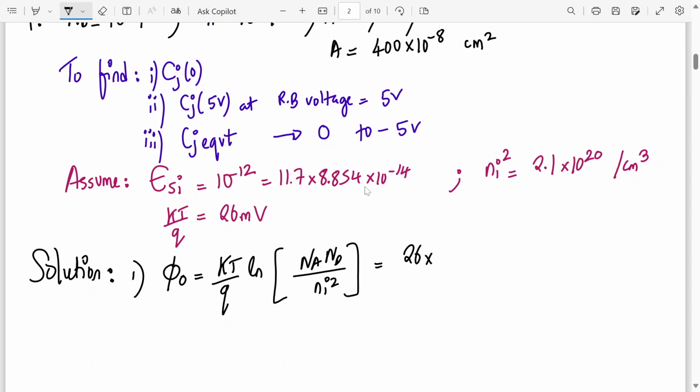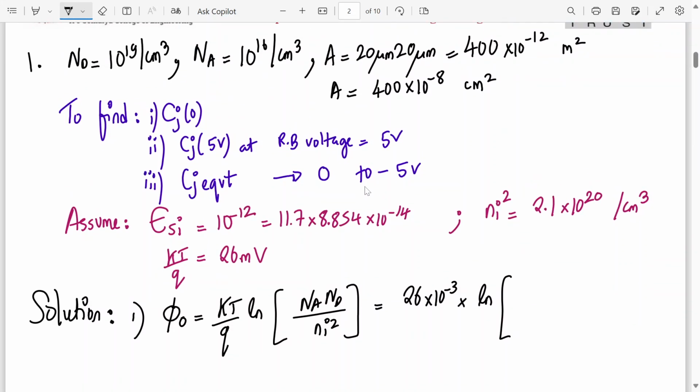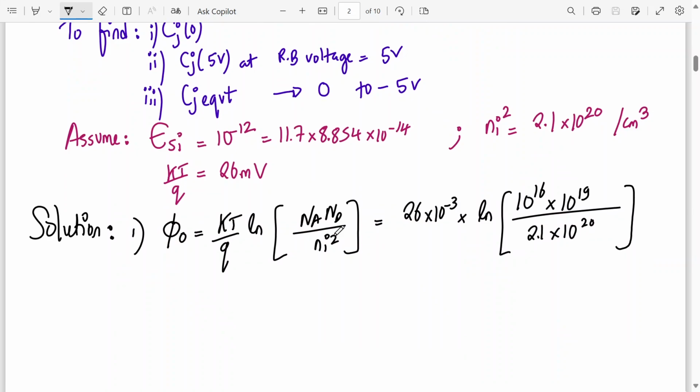So 26 into 10 raised to minus 3 into natural log of Na, Na is 10 raised to 16, into Nd is 10 raised to 19, divided by 2.1 into 10 raised to 20. So calculate and let me know what is the answer for phi naught. Phi naught is the built-in potential. You have to let me know this answer.